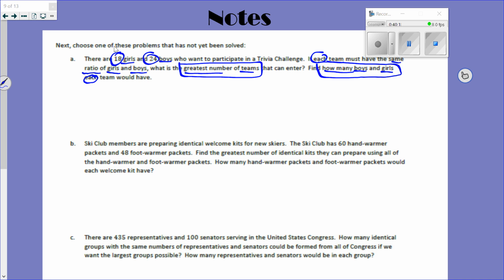Now, one way to think about these types of word problems, guys, is just start right off with the thought. Am I going to have a smaller number or a bigger number? Smaller. So is that going to be greatest common factor or least common multiple? Greatest common factor, because that's the smaller of the two, correct? So if I look at my two numbers, 18 and 24, I'm going to try to find the greatest common factor. 6.